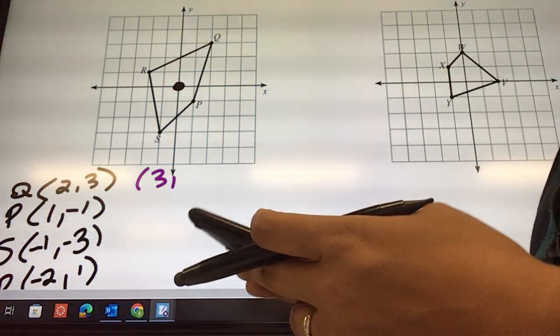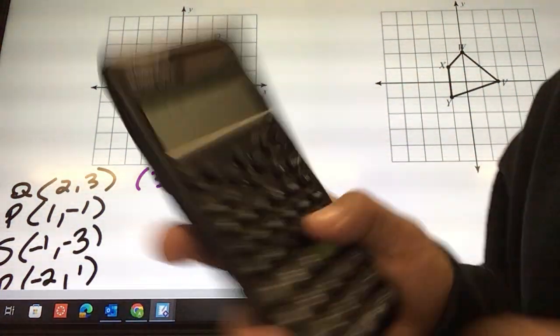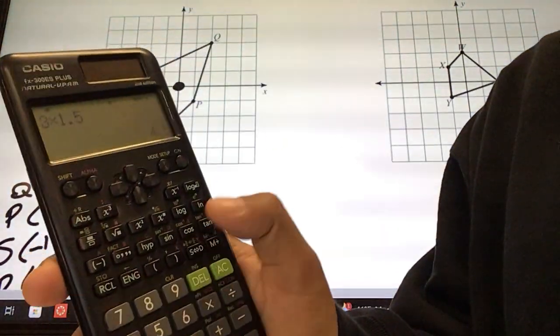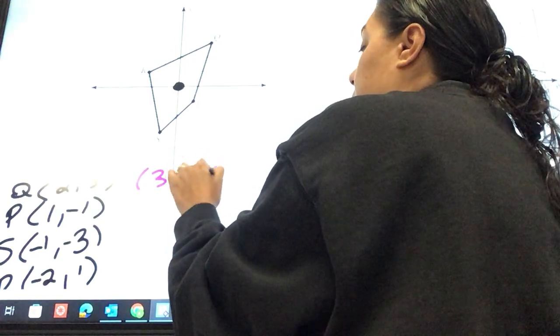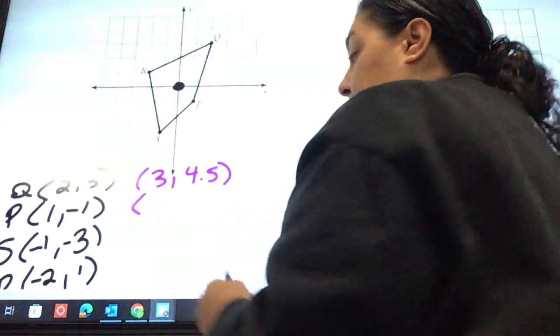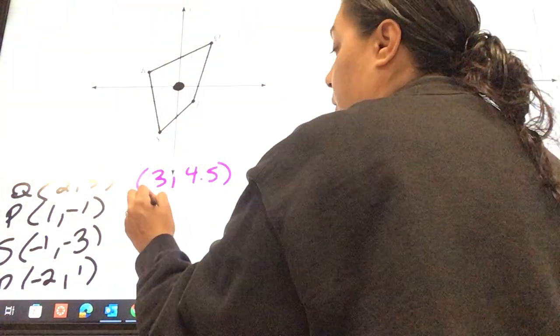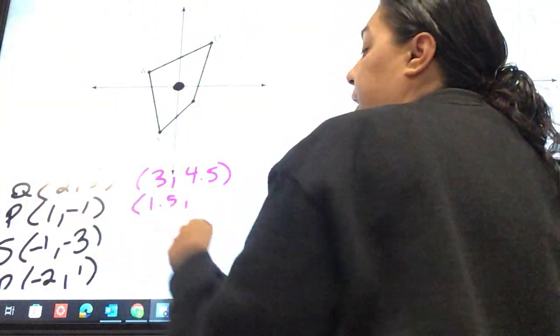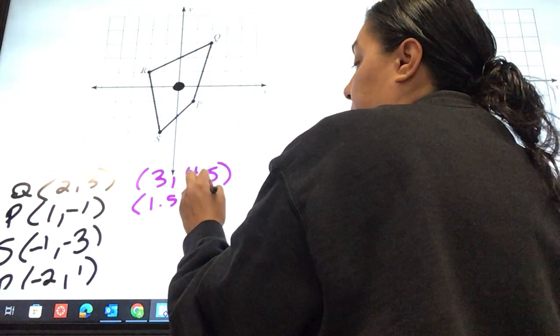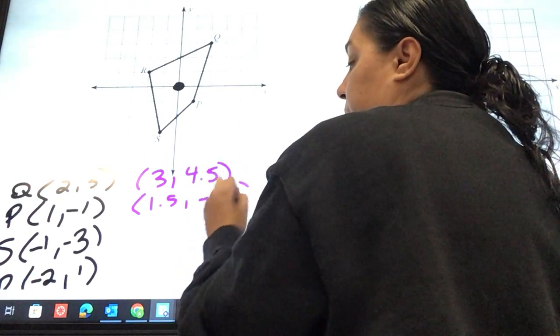Then we're going to say 3 times 1.5, which is the decimal. I got 9 over 2, so we change that to a decimal, 4.5. 1 times 1.5 is going to be 1.5. Negative 1 times 1.5 is negative 1.5.